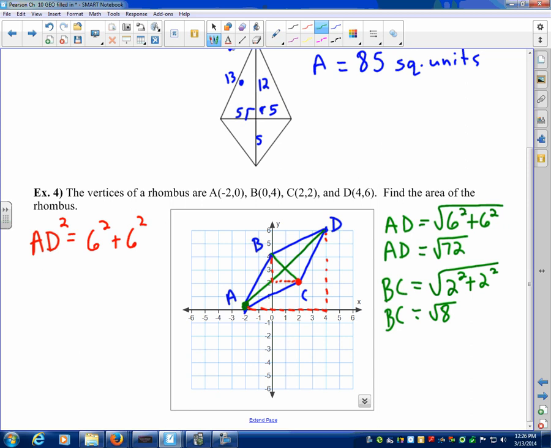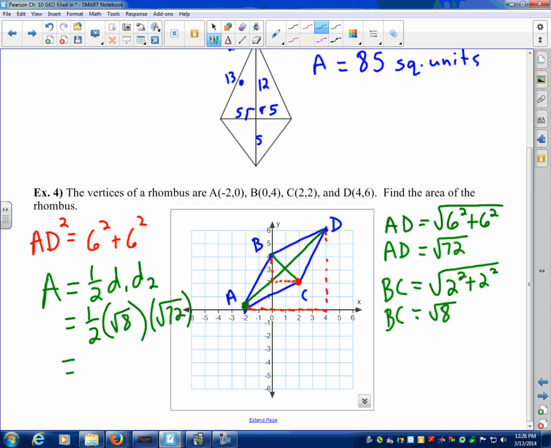So my area is 1/2 diagonal 1 times diagonal 2. Diagonal 1 is the square root of 8. Diagonal 2 is the square root of 72. Go ahead and multiply 8 times 72 together, and then we need to simplify it.